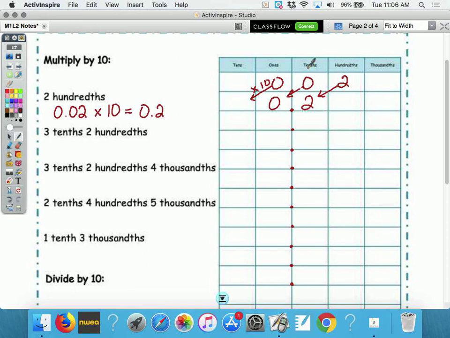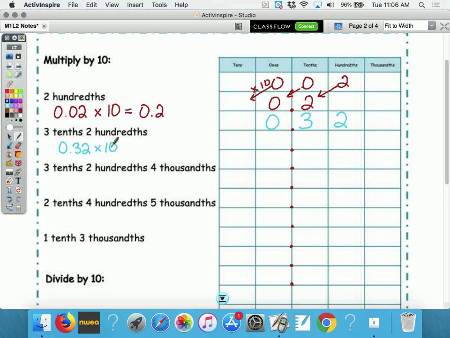So that's what we're doing here. I'm going to change the color so you can keep track of what one we're on. We're doing 3 tenths, 2 hundredths. So put a 3 in the tenths place, a 2 in the hundredths place. What do I need in front of it? A 0. Okay, so I'm going to write 0.32. Tell your table group how to say that number. 32 hundredths.